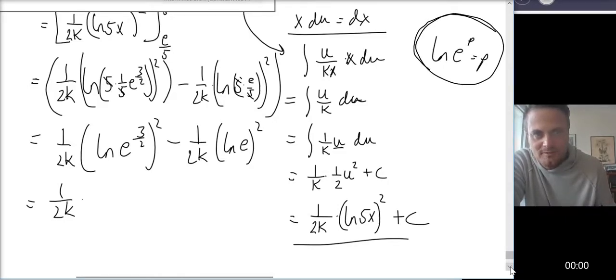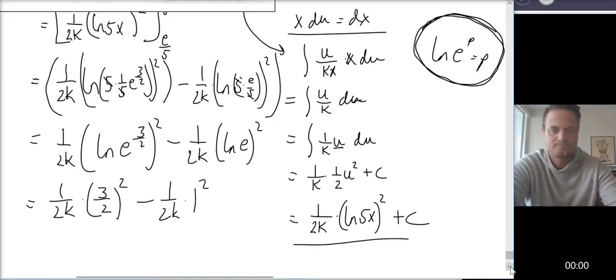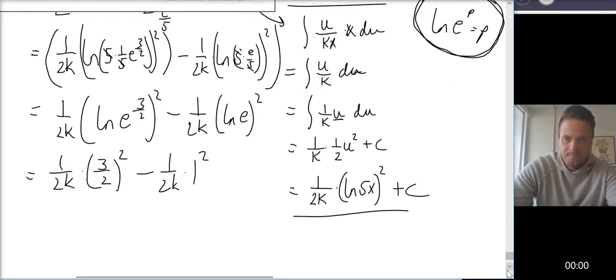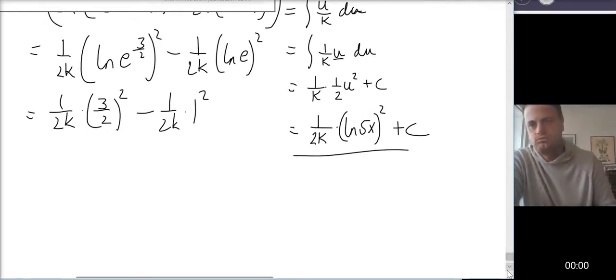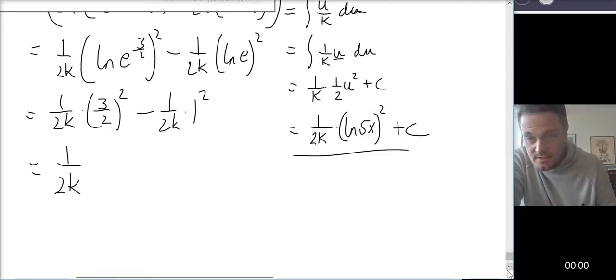That comes from the definition of ln, right? So ln of e to the power of 3 over 2 is actually the number 3 over 2. Minus 1 over 2k times ln of e, that is 1, so 1 squared. Still fun. Remember that. 9 over 4 minus 1 over 2k, right?